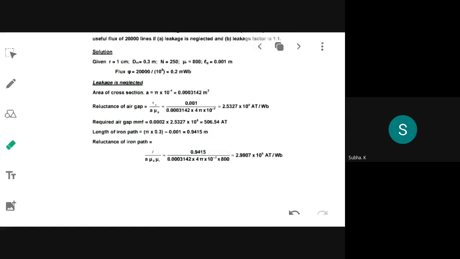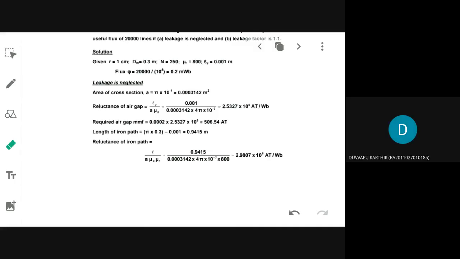Are you trying to solve the problem? What is the answer for the length of the iron path you are getting? 0.94 you are getting.